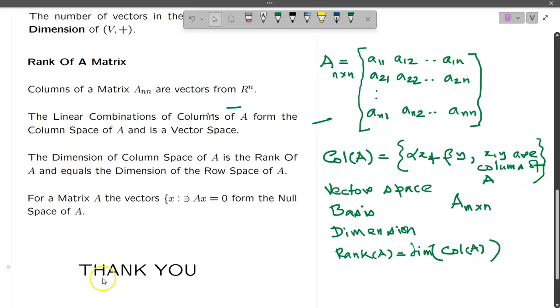For a matrix A, the vectors x such that Ax equal to 0 form the null space of A. The null space of A and the row space of A are orthogonal, and the sum of the dimensions is n. So that's the definition of rank of A from the concept of vector space. And rank of A being full means the matrix is non-singular and it can be inverted.